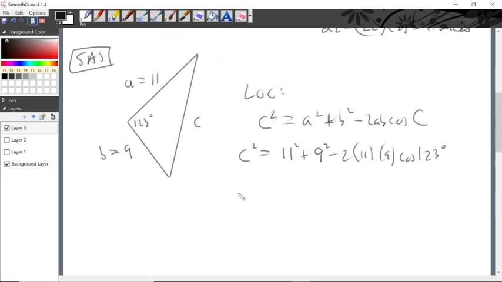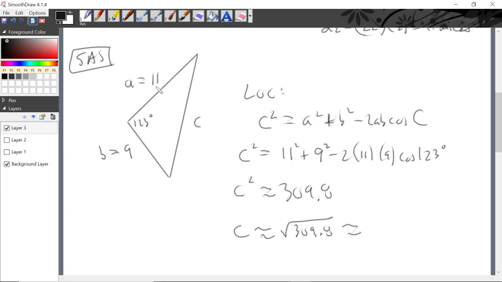So let's go to the calculator and find our approximation for C squared. 11 squared plus 9 squared minus 2 times 11 times 9 times the cosine of 123 degrees. I'm getting approximately 309.8. Then C would be approximated by the square root of 309.8.